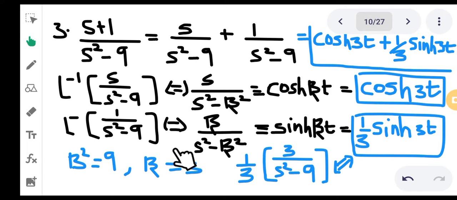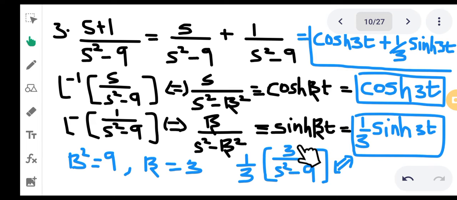Because we know that my beta is 3, you are going to get sine 3t. But here it is 1, while the numerator is supposed to be 3. So what do we do to make the numerator 3? That's the question we ask ourselves.